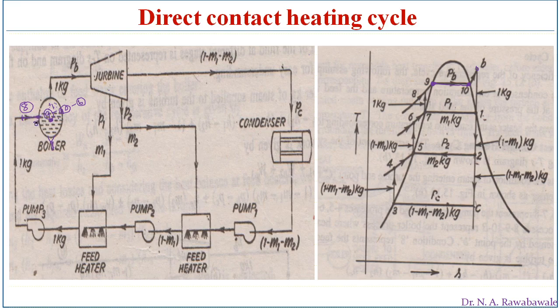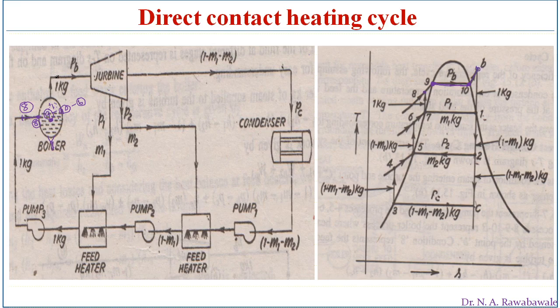Initially when it enters, it is feed water having a lower temperature. When it enters this boiler, first it absorbs sensible heat from point 8 to 9, then latent heat of vaporization, then enthalpy for superheat, and at point B this steam comes out in the form of superheated steam.